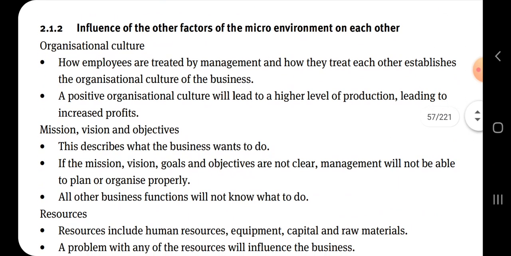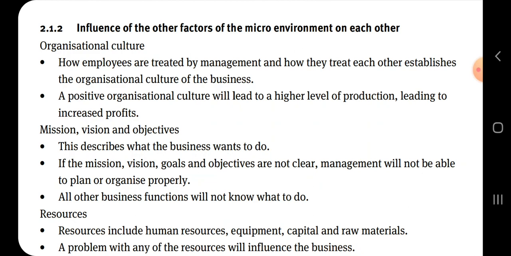And then we have the influence of the other factors of the micro environment on each other. Organizational culture: how employees are treated by management and how they treat each other. A positive organizational culture will lead to a high level of production, leading to increased profit. Mission, vision, and objectives describe what the business wants to do.